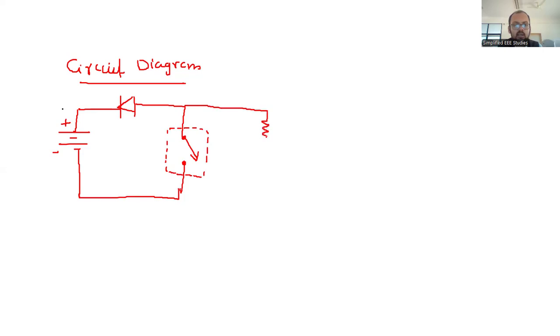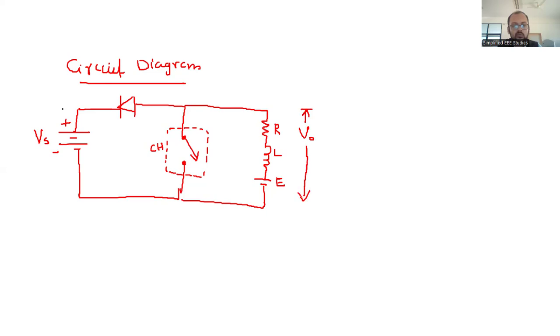The load is basically an RLE load because it's a motor load. This is the chopper switch. We can mark the supply as Vs. And the voltage across the load is V naught, positive with respect to negative.